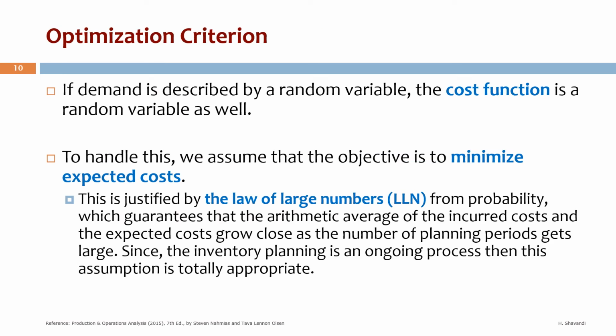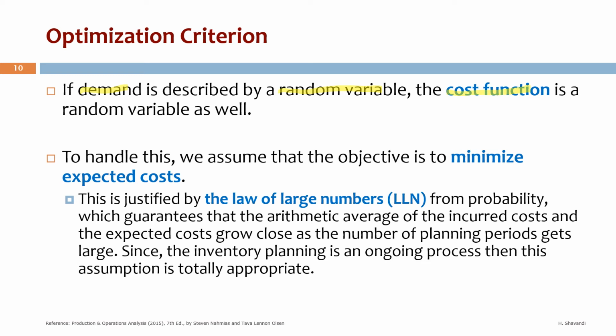So let's see, if we have an uncertain model, what the optimization criterion in that model should be. In an inventory control problem, since we are assuming that demand is a random variable, then the cost function... as you remember in chapter 4, we had a total cost function, I mean the average total cost function per year, and we wanted to minimize it, right?